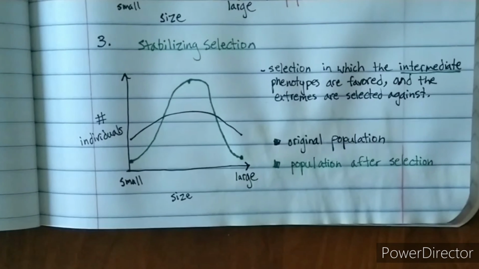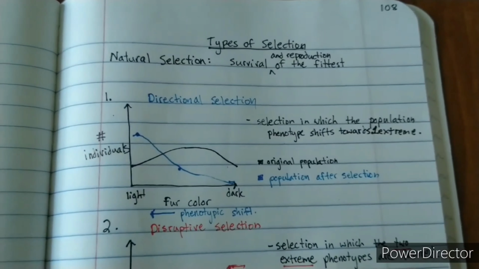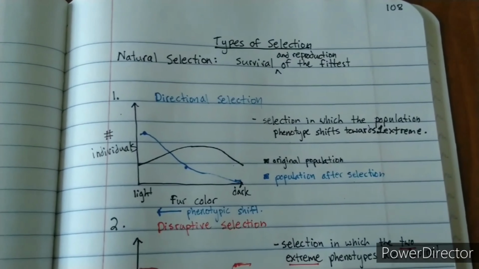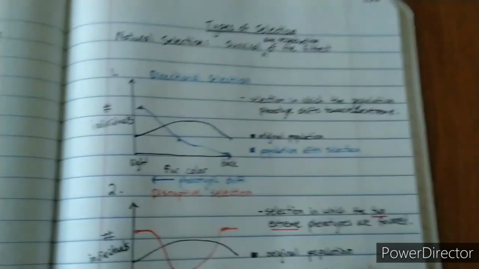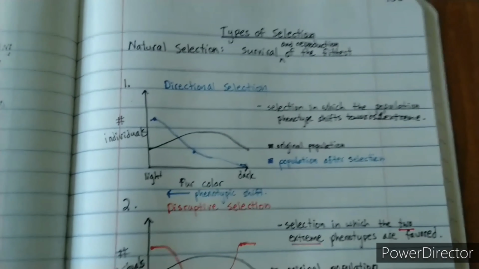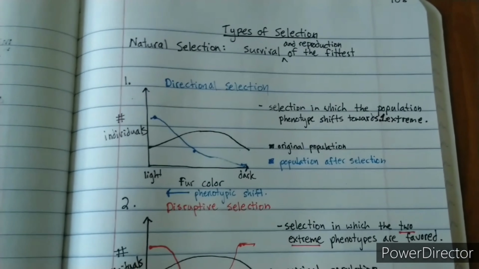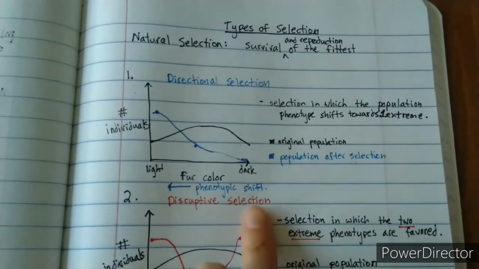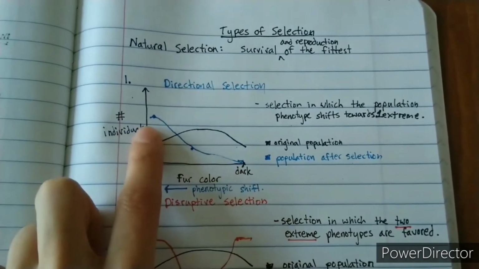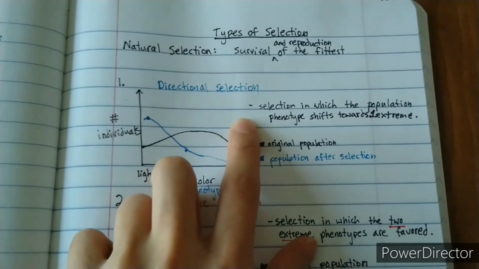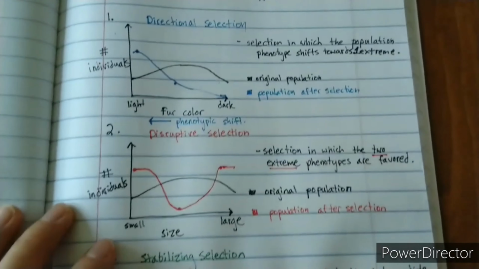Wrap up of today, we define natural selection as being survival and reproduction of the fittest, and we looked at 3 different types of selection. All of them have a particular graph associated with them based on what types of phenotypes are selected for or against. Directional selection tends to favor one extreme phenotype, either going towards one side or the other side of my x-axis.